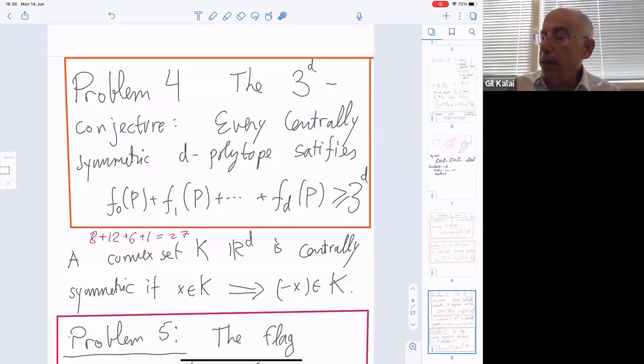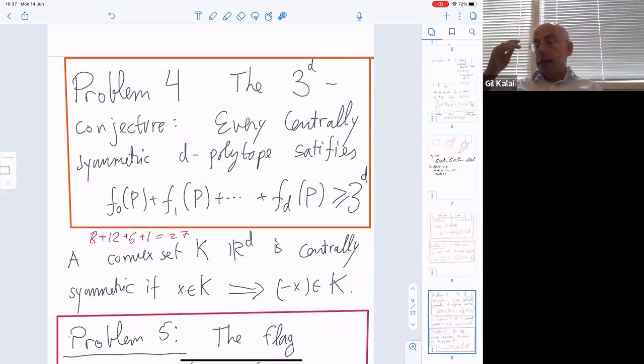Every centrally symmetric d-dimensional polytope satisfies that the number of vertices plus the number of edges and so on, all the way to the number of d-dimensional faces, the polytope itself, is greater or equal to 3 to the d. So the number of non-empty faces is always greater or equal to 3 to the d.